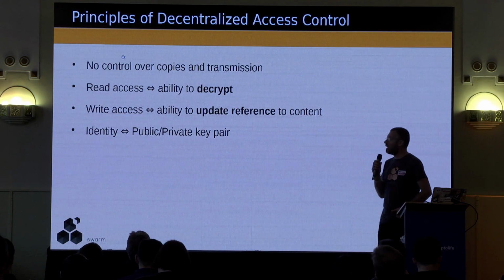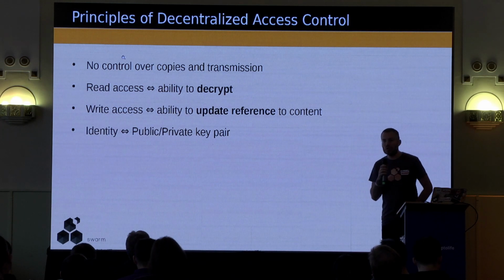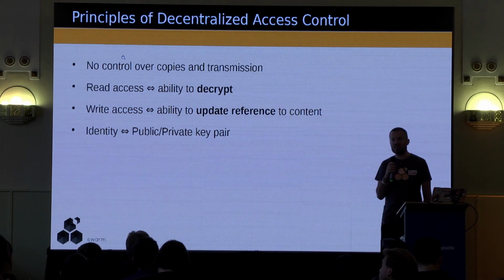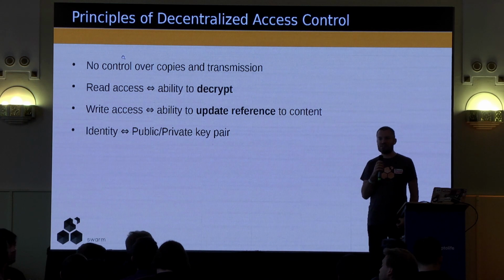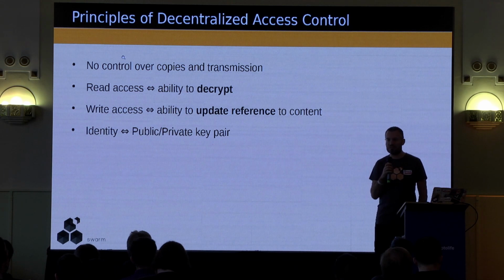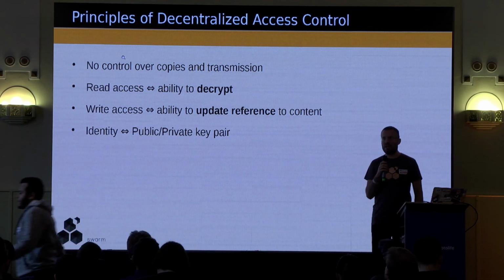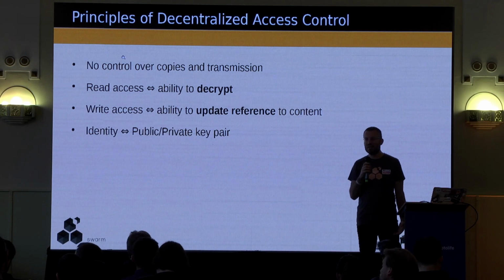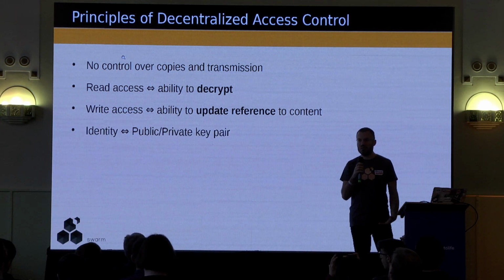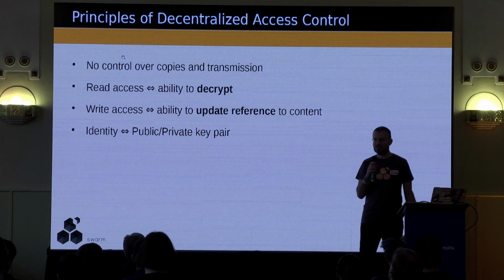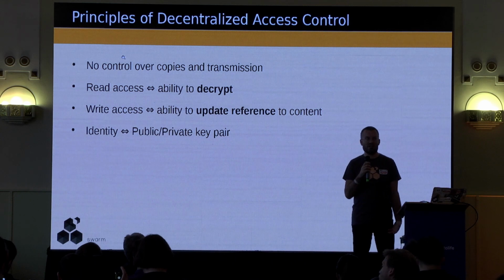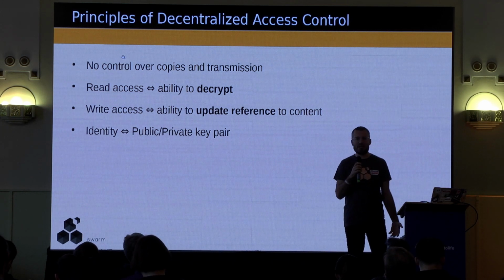Namely, since we have no control over who has copies of the data and where and how it is transmitted, the centralized solutions where some trusted gatekeepers decide after checking the identity of the user whether they can have read or write access to data simply don't work, because you cannot count on nodes, which, since the network is trustless and permissionless, you cannot count on them to actually keep out the parties that you want to keep out.